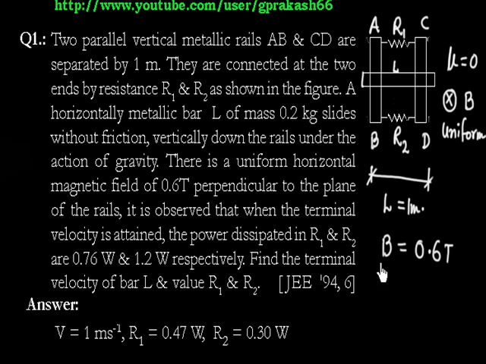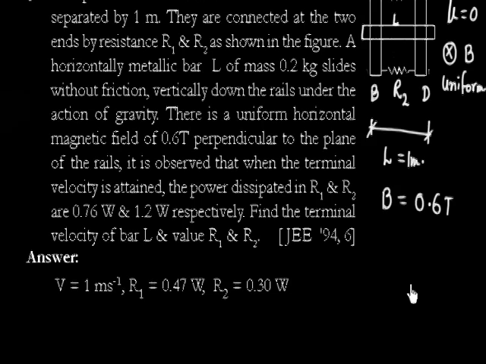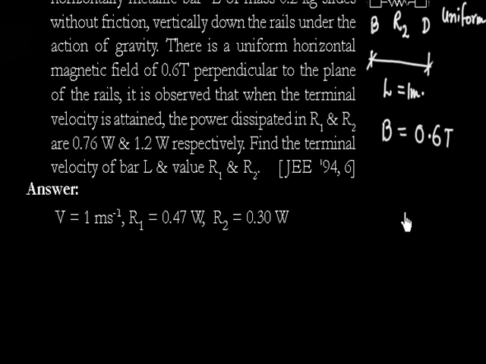And the question says it is observed that when the terminal velocity is attained, the power dissipated in R1 and R2 are this and this. So the problem says when terminal velocity is attained, so you are having terminal velocity.